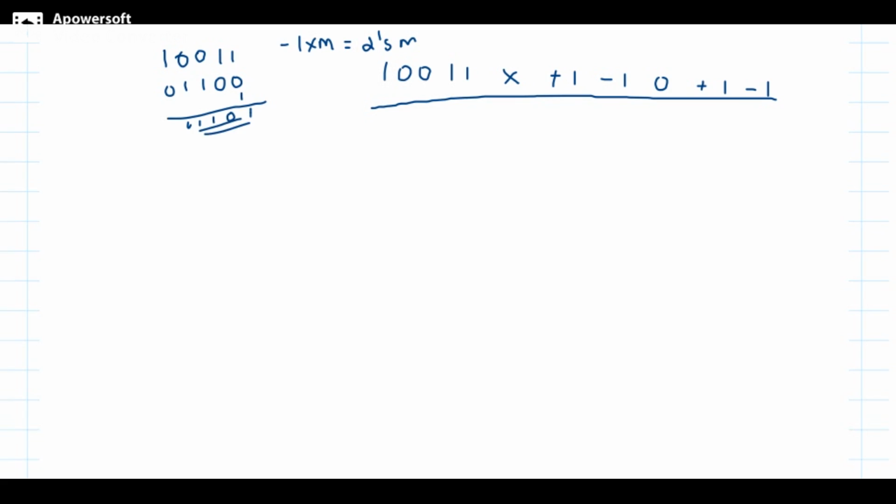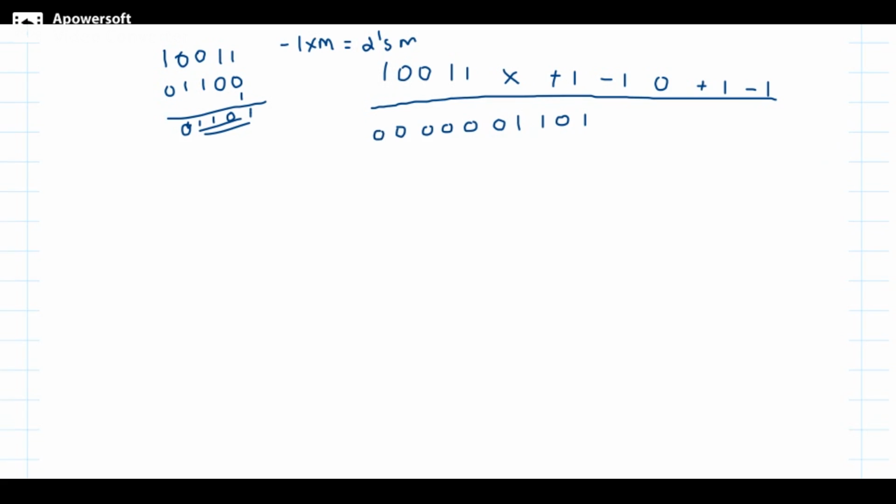This is the 2's complement of m. So first I write minus 1 into m, which is 1 0 1 1 0 followed by 5 zeros, 1 2 3 4 and 5.